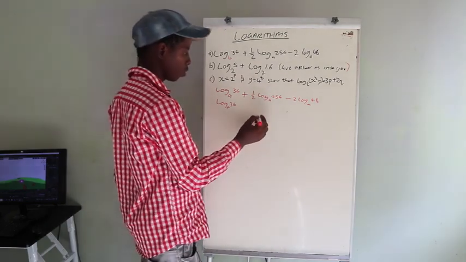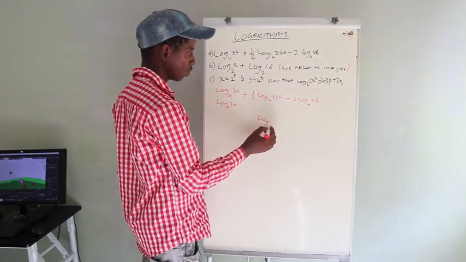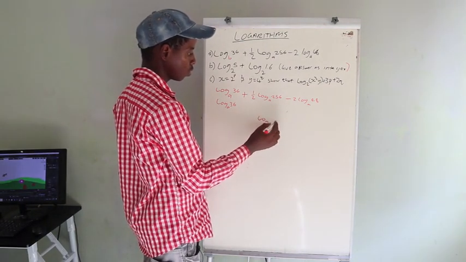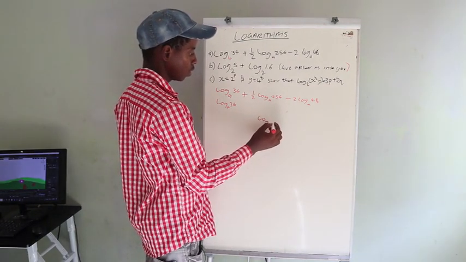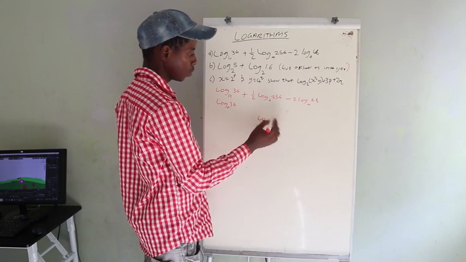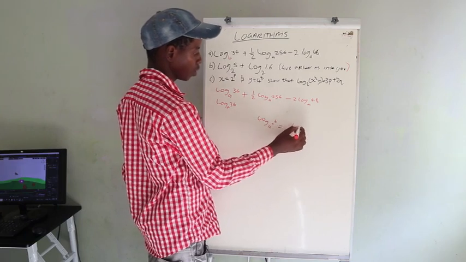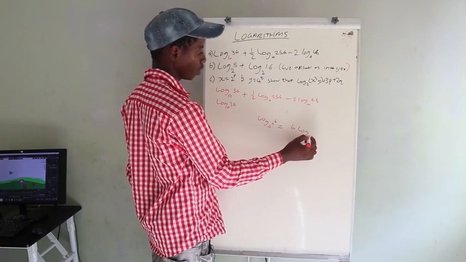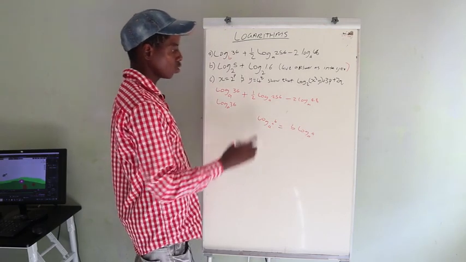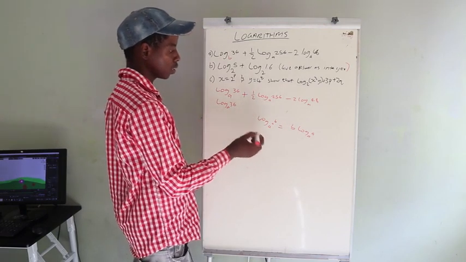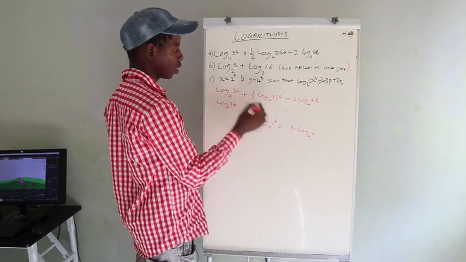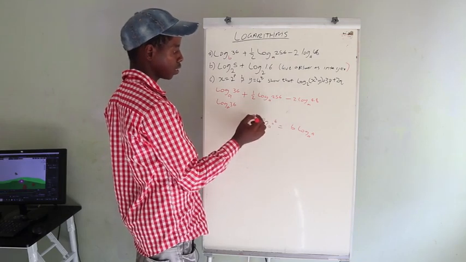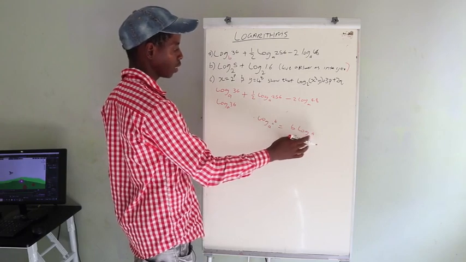Remember that when we have log_a x^b, we can write it as b log_a x, right? So here's what happens: you can take this power and place it here, and then you remain with this.